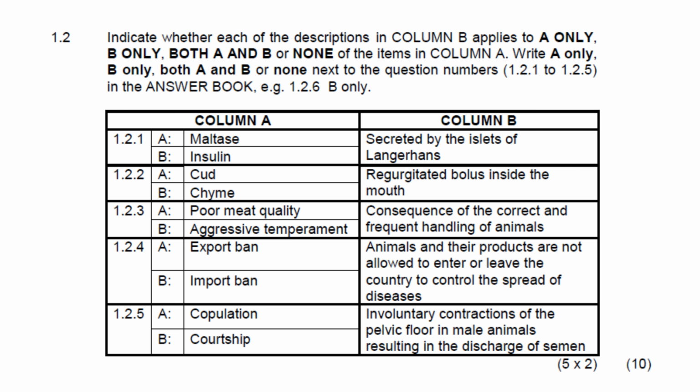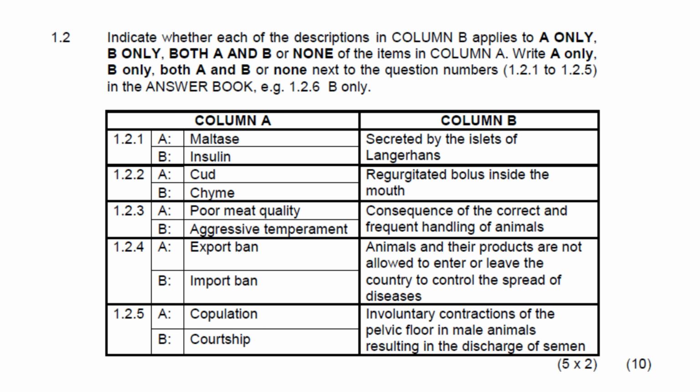Animals and their products are not allowed to enter or leave the country to control the spread of diseases. So both of these are bans, right?